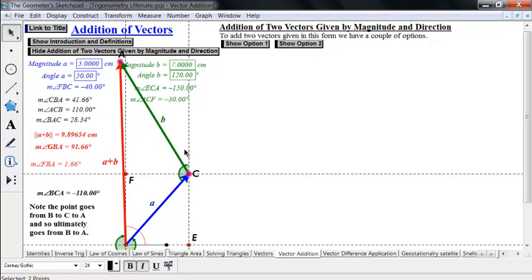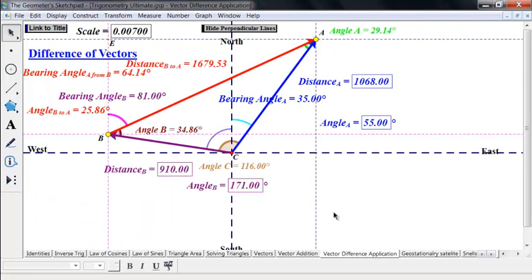And then the final point for the second vector is the final point for the sum. So the sum goes from initial to final. When you're subtracting, you want to put them tail to tail, and the difference will be this red one with the arrow on one end. It'll be subtracting in one direction, and with the arrow on the other end, it will be subtracting in the other direction.